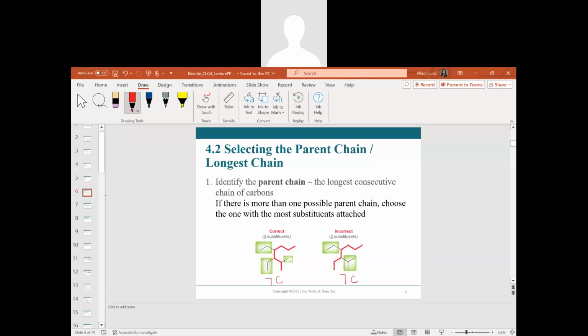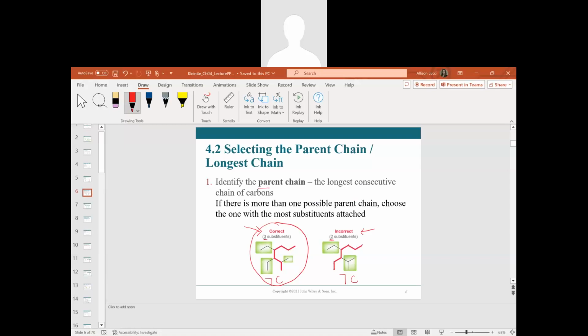But we can see the correct structure over here has 3 substituents versus the incorrect structure over here would only have 2 substituents if we did this path in red. So both are heptanes, but the one on the left would be the correct one because another rule of this longest chain is that we have the most substituents on that longest chain.